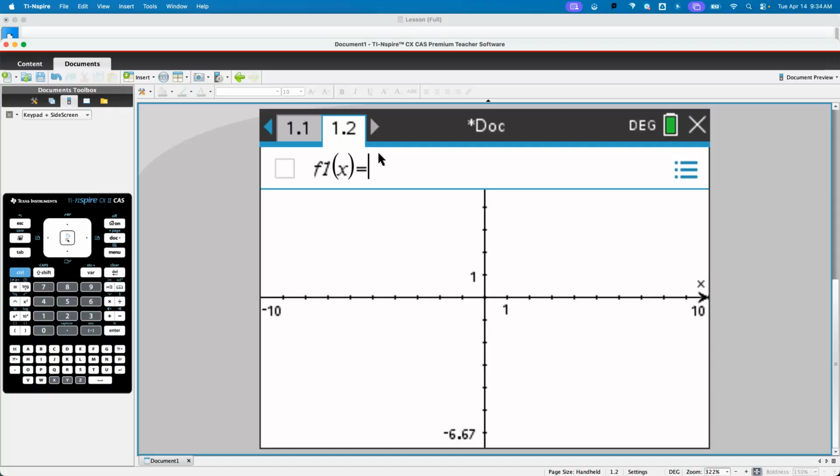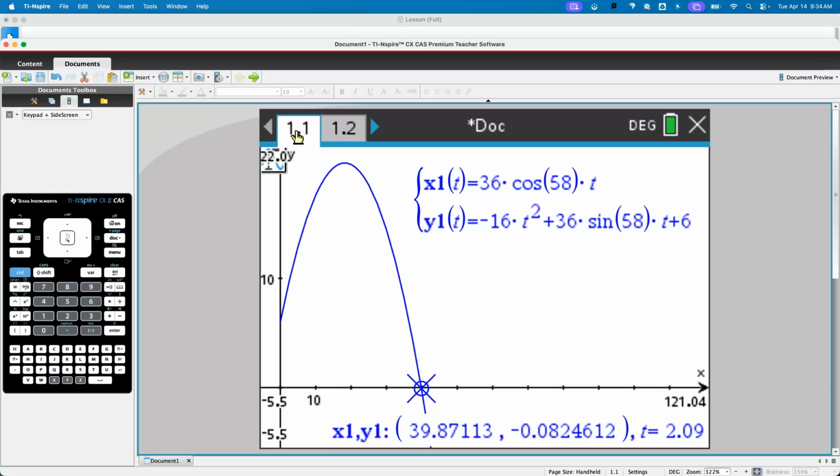I'm going to take just the y function and graph it, because we can't do any of our analysis in a parametric. It's one of the downfalls of the TX.